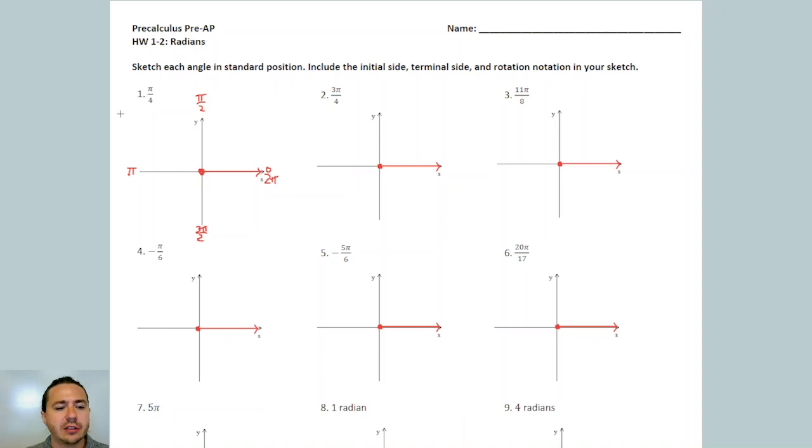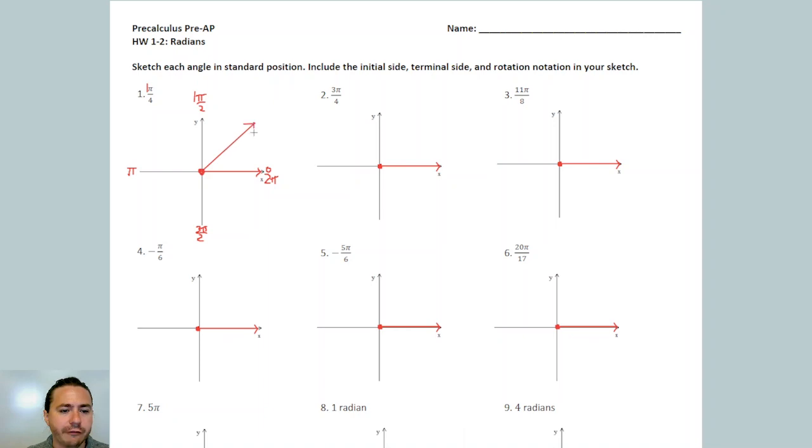So on this one, this is 1/4 pi, and how does that compare to 0 or 1/2? Well, 1/4 is halfway between 0 and 1/2, right? So 1/4 is half of 1/2, so we know that it's going to be right here.